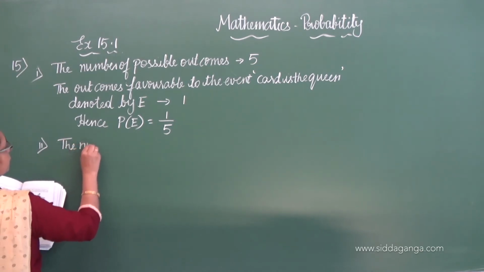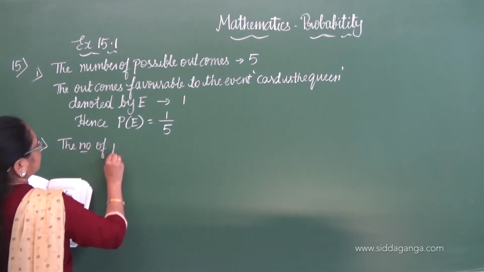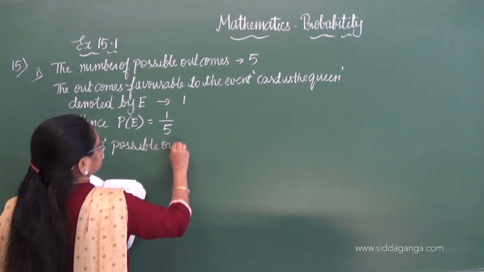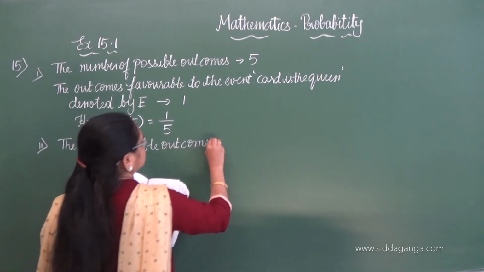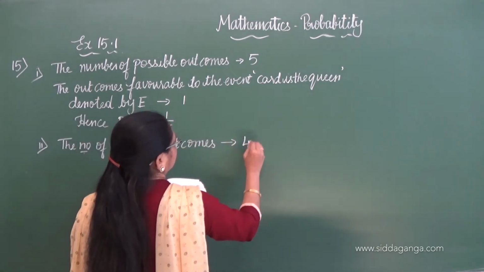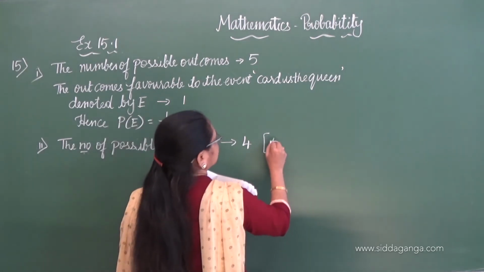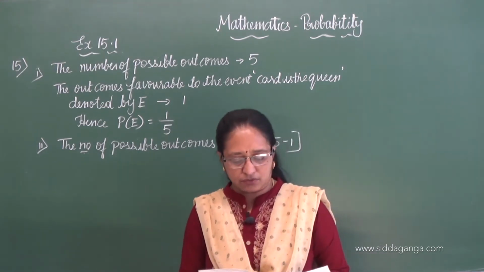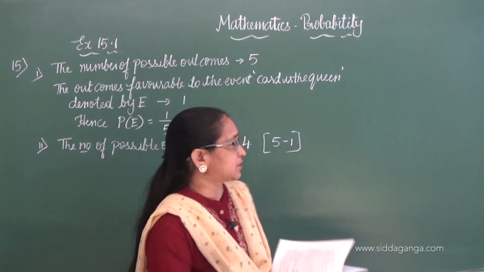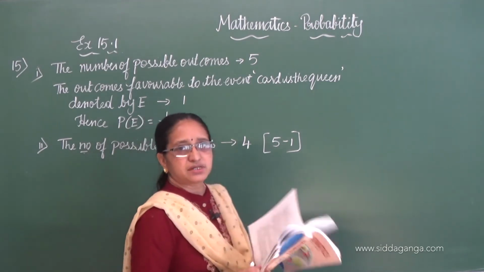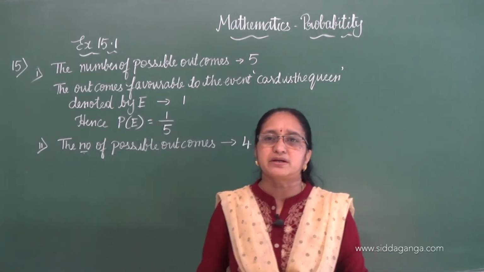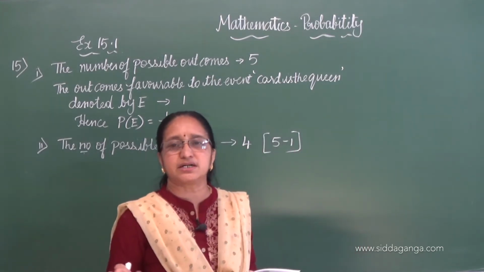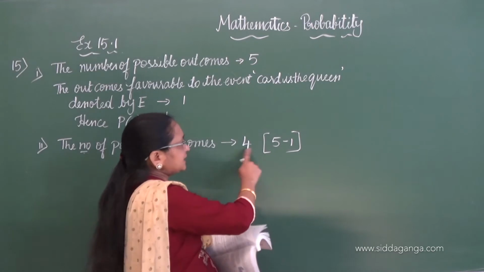The number of possible outcomes is 4 now, because you can write in a bracket 5 minus 1, since the Queen is drawn and put aside. From 5 cards, you have picked one and put it aside. So how many remaining cards? Remaining cards are 4. You can indicate it like this.